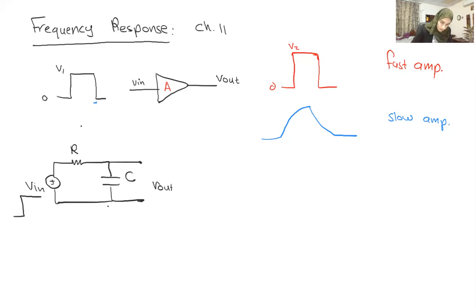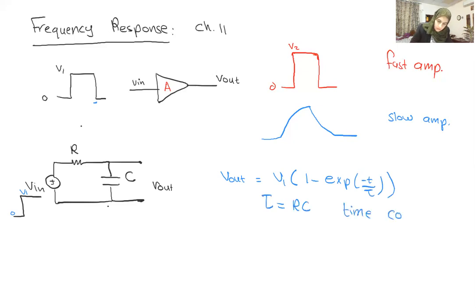We expect that V out tries to reach the value of V1 here, starting from 0, but with an exponential behavior, 1 minus exponential of minus t over tau, where tau is equal to the value of RC, and we call it the time constant.